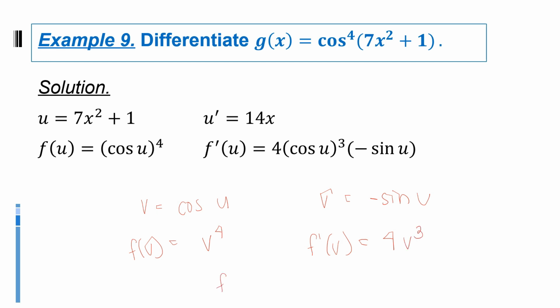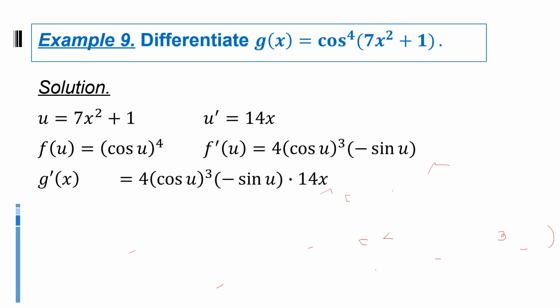Therefore, f prime of u is equal to, multiply lang natin, 4v cubed times negative sine u. But what is v? v is cosine u. So we have 4 cosine u cubed times negative sine u. Kaya siya naging ganon.